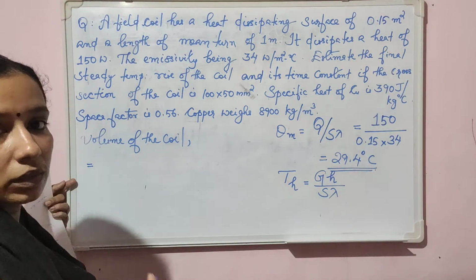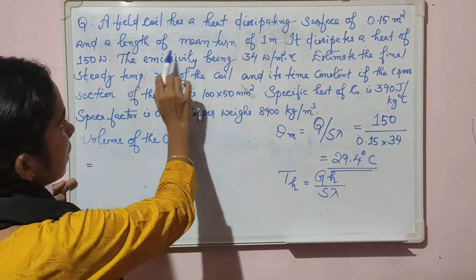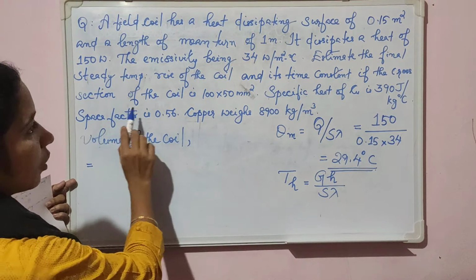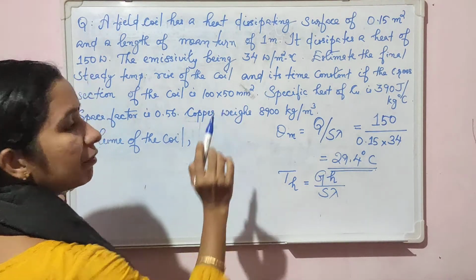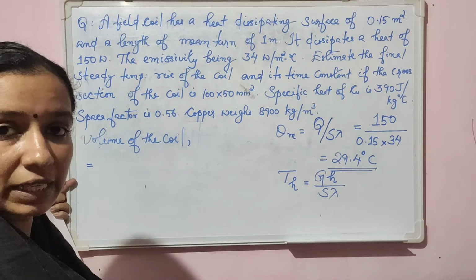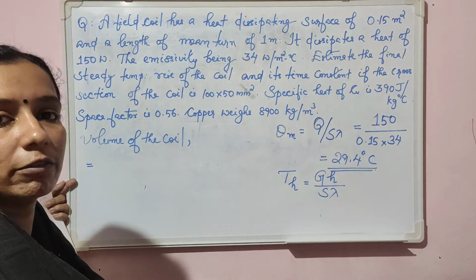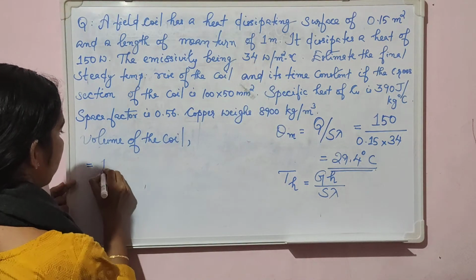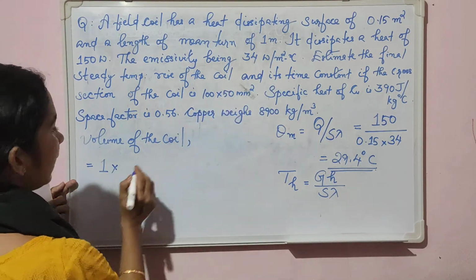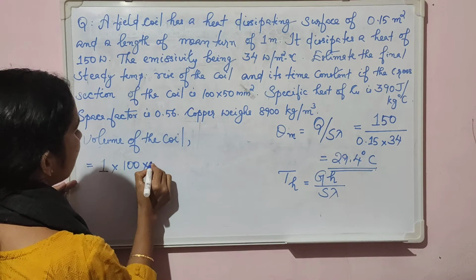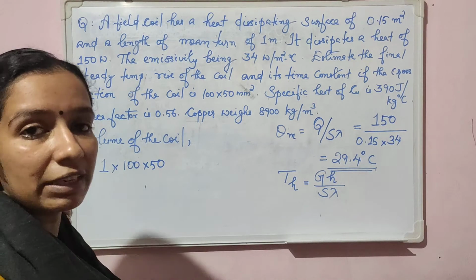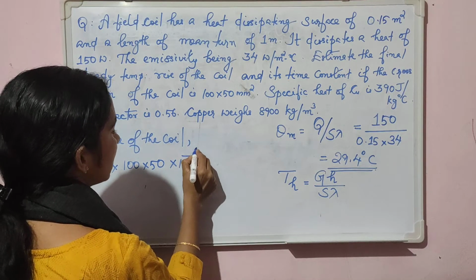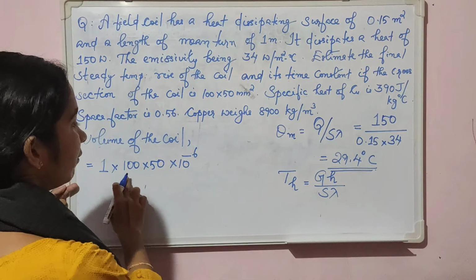See, length of the coil is given as 1 meter. Then the cross-sectional area of the coil is 100 by 50 mm square. So when multiplying the cross-sectional area of the coil with its length, we will get the volume of the coil. So length is 1 meter into area is 100 by 50 mm square. So we have to convert mm square into meter square. So multiply this by 10 raised to minus 6.